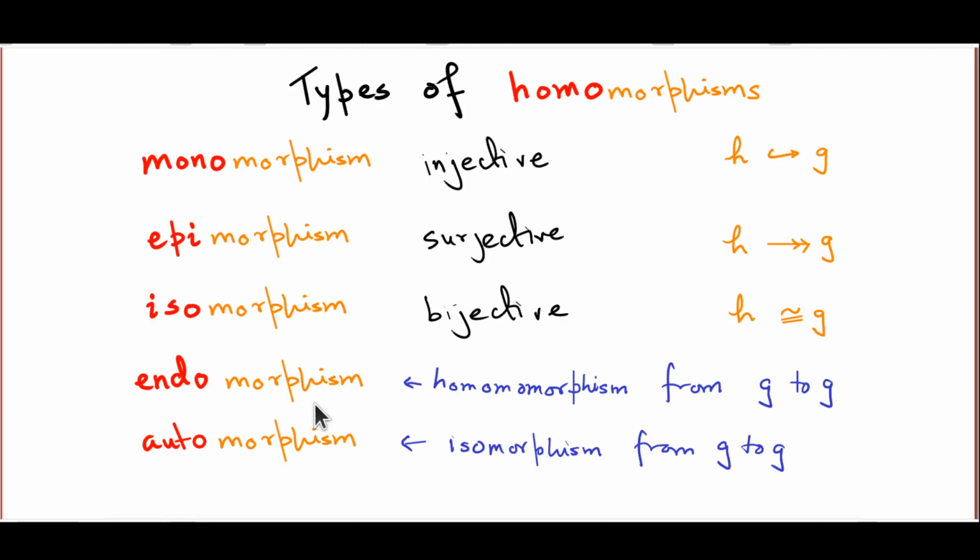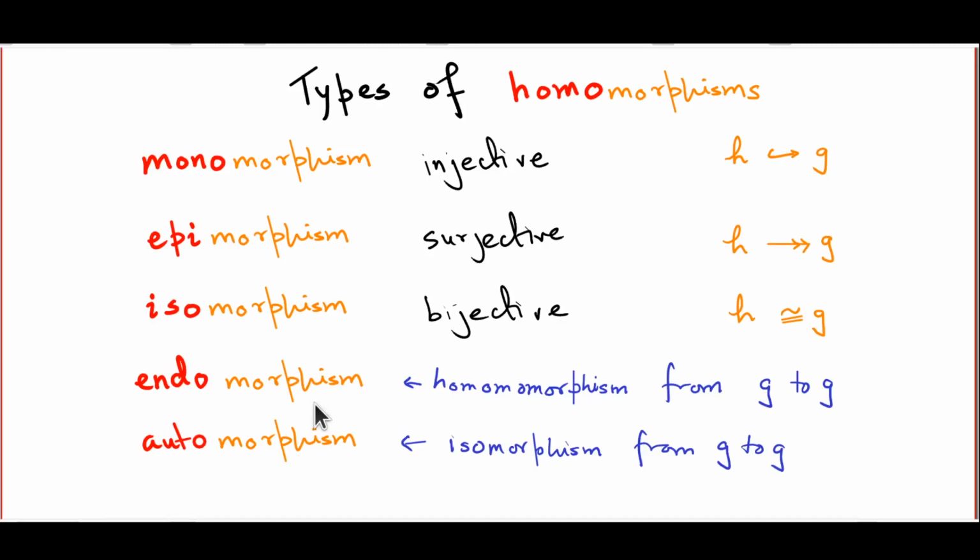And the notation for that is H with this tilde equal sign between H and G. Now, two other specific classifications of homomorphisms are very important. All these homomorphisms that we have been talking about are in general between two different Lie algebras, but if you have a homomorphism from a Lie algebra G to the Lie algebra G itself, it's called an endomorphism. Endo, of course, meaning inside.